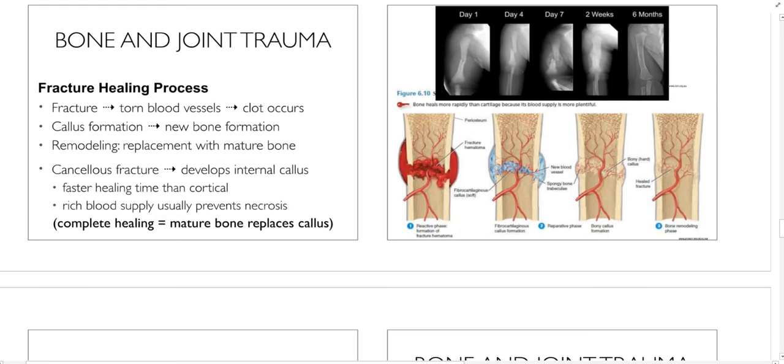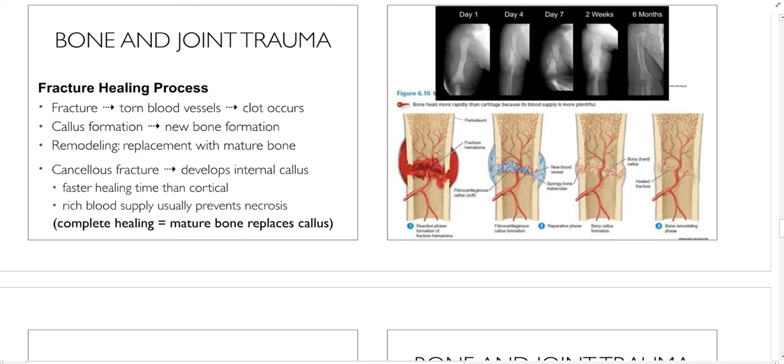So with the healing process, when you have a fracture, this is the general simplified version of what bones go through after they experience a fracture. So we have the torn blood vessels here that leads to a clot formation being made.